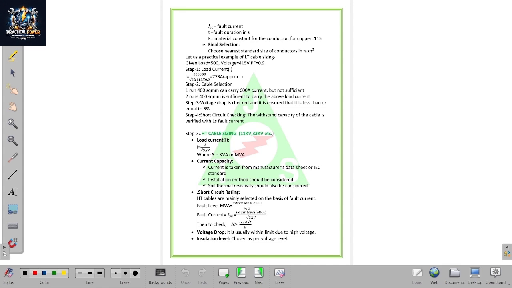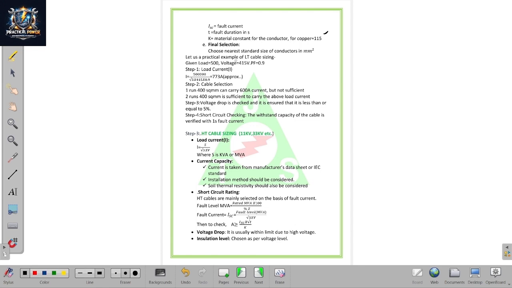For copper, it is 150. Finally, the cable is chosen from the standard sizes of conductors in mm square.